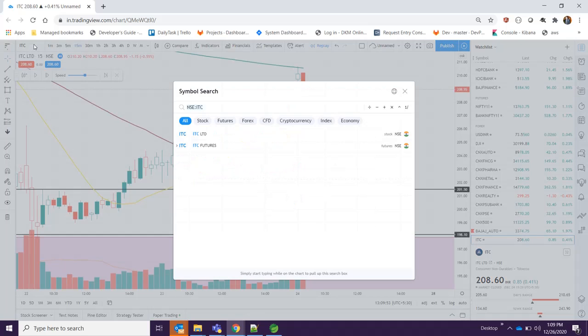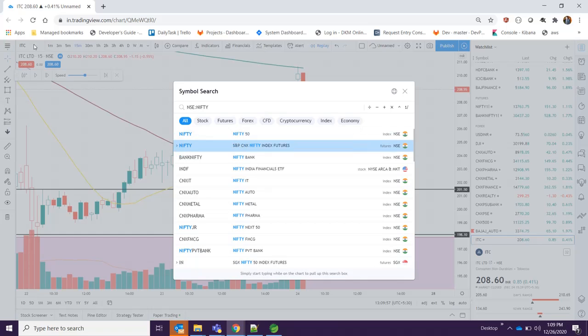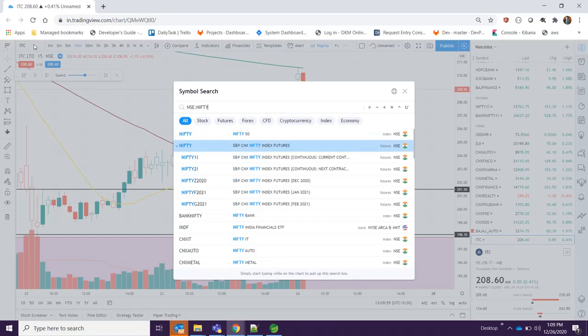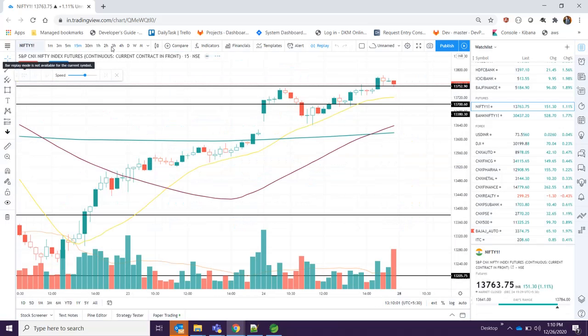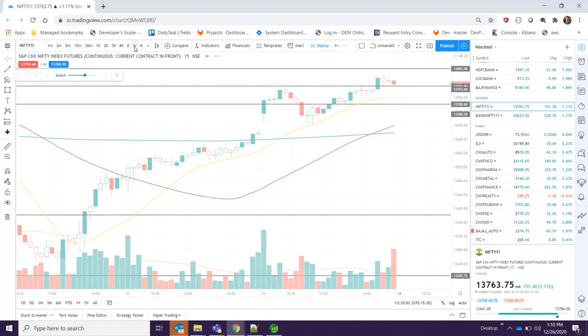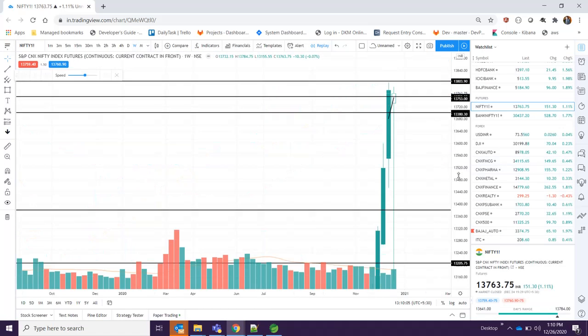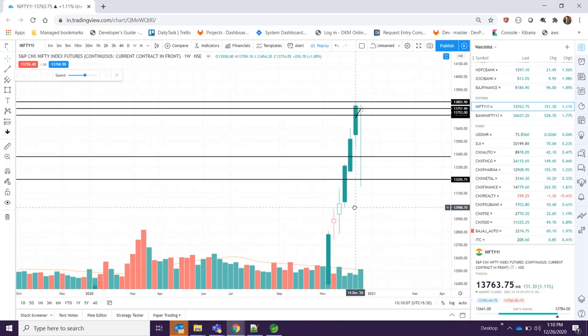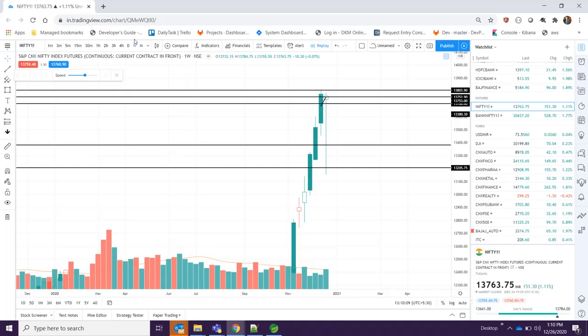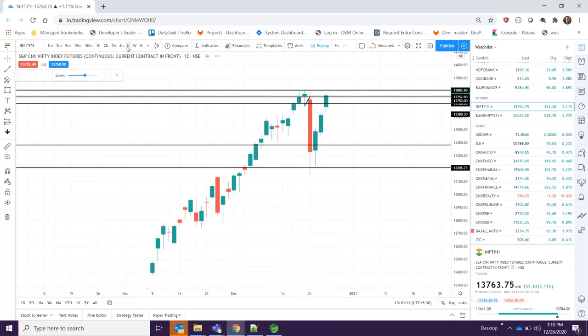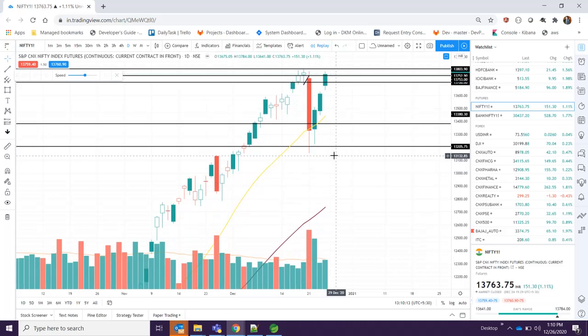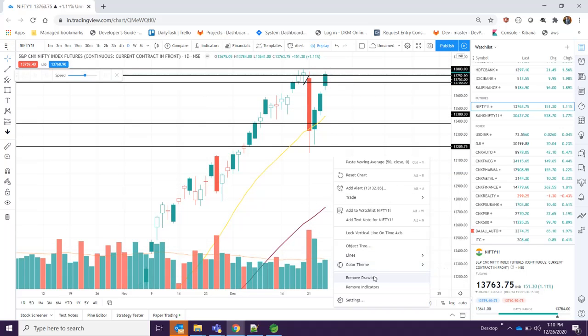If I move to the Nifty futures chart, let me move to the weekly chart first to see if there is a demand zone on weekly. Let me check on the daily time frame. Let me remove the drawings first.